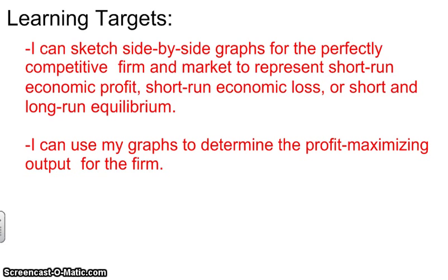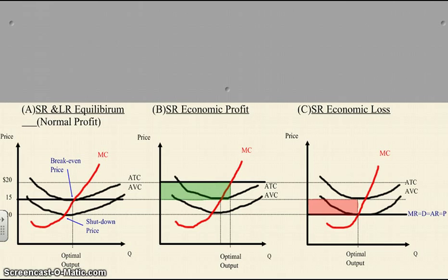Also, in the course of this, we'll review how to locate or find the profit maximizing output for the firm, and in the case of economic losses or profits, how to shade the area that is representing their losses or profit.